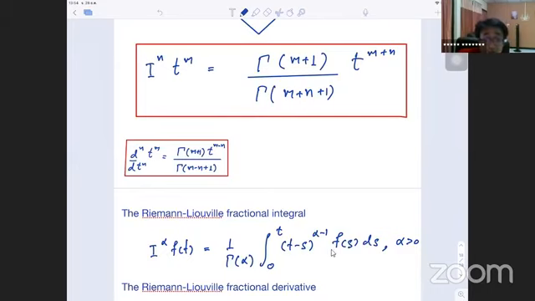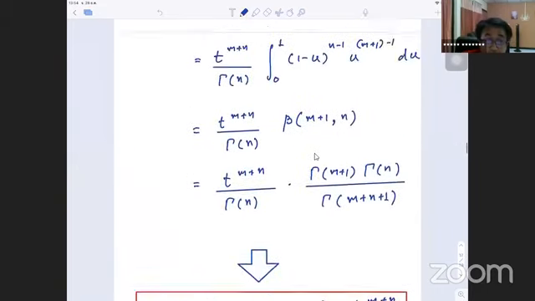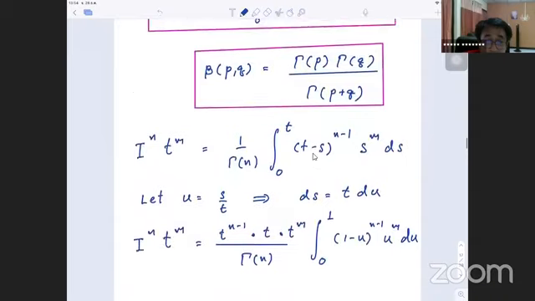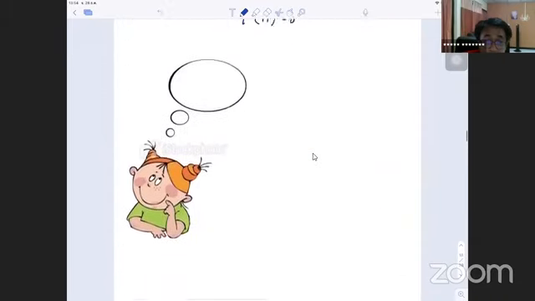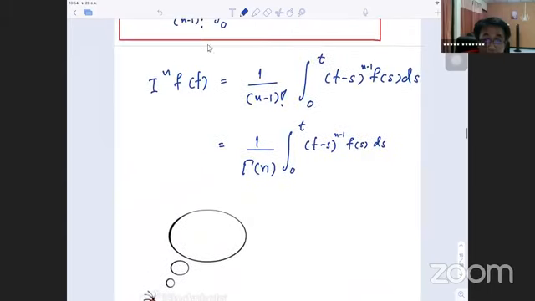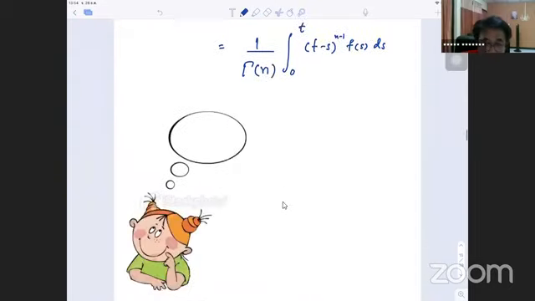After that, from this formula, Riemann replaced n by alpha. Alpha is an arbitrary order, alpha here and alpha here.